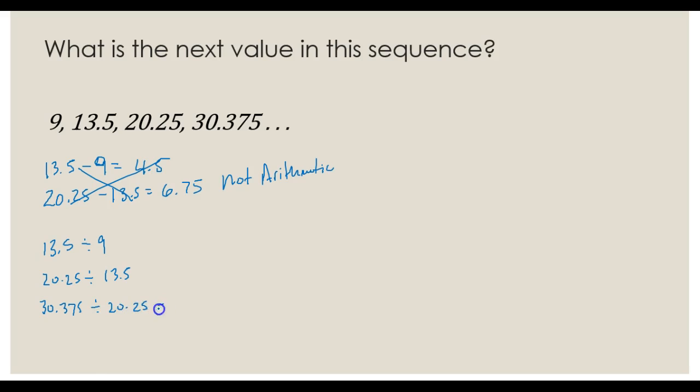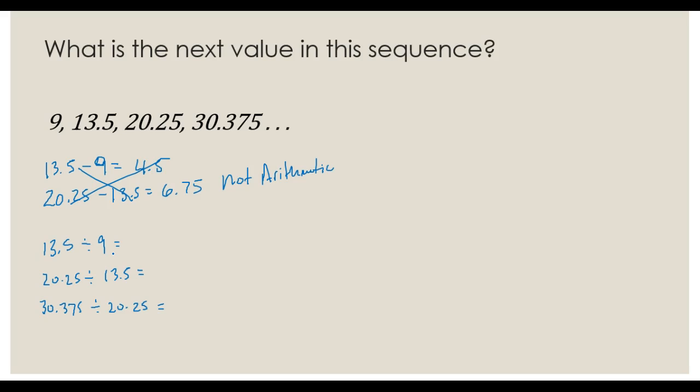So just dividing each number by the number before it. Now I have to pull out my calculator and run this real quick in order to know what the answer is, because I'm just not going to do those long-handed.